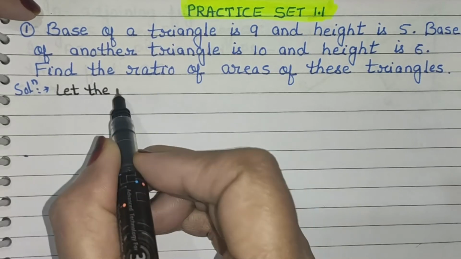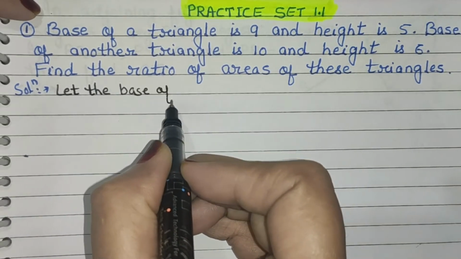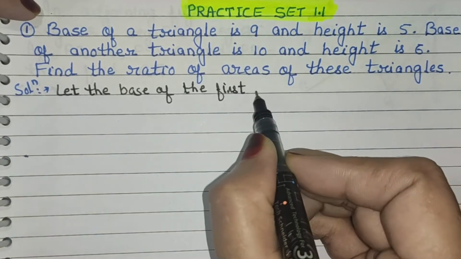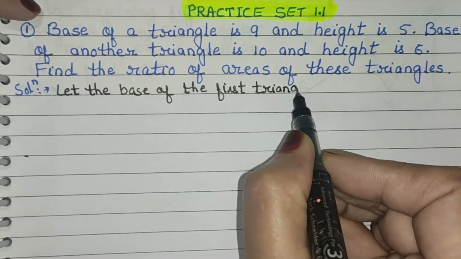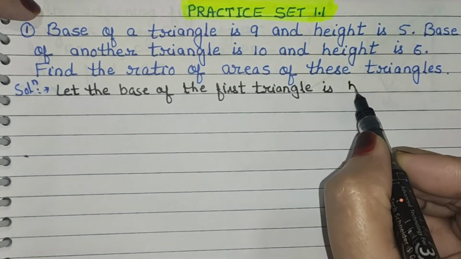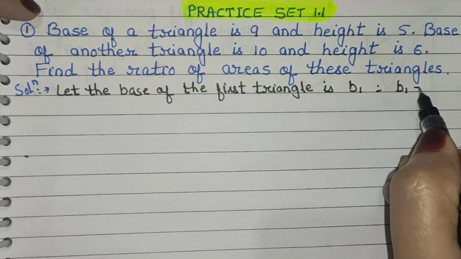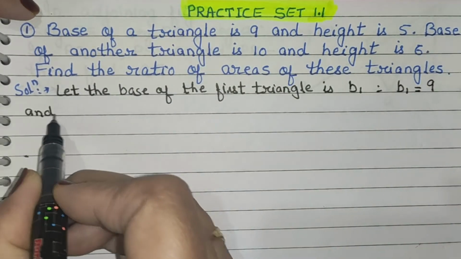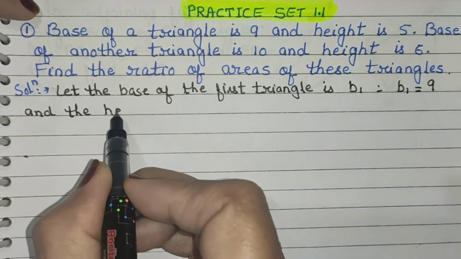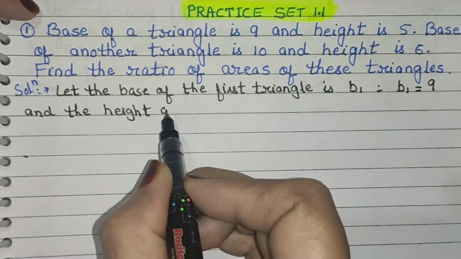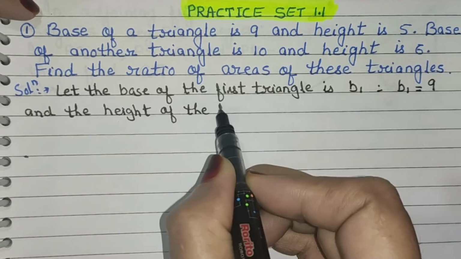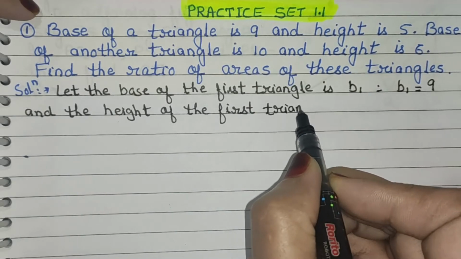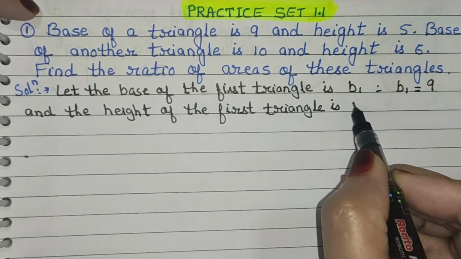Let the base of the first triangle be B1. Therefore, the value of B1 is given, base is 9. Next, the height of the first triangle is H1.